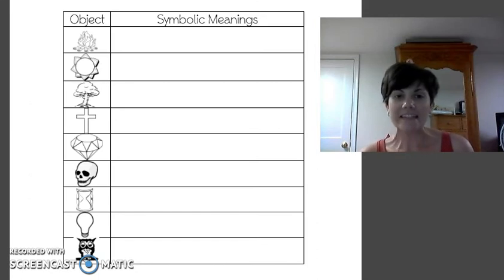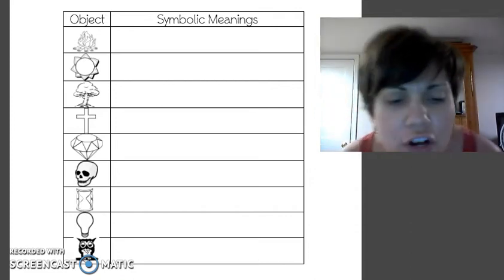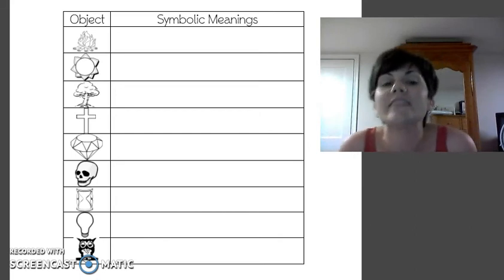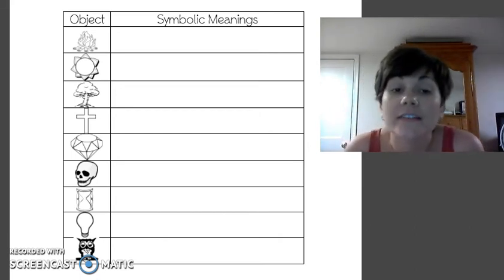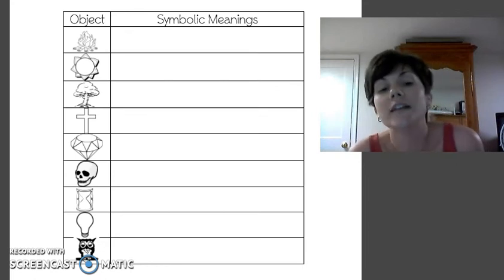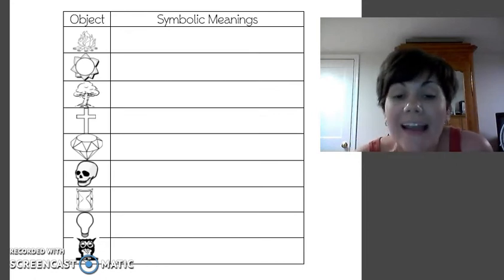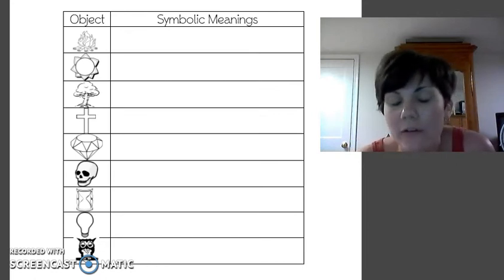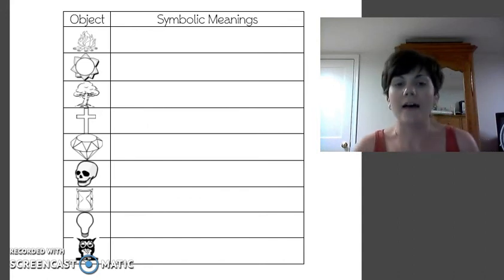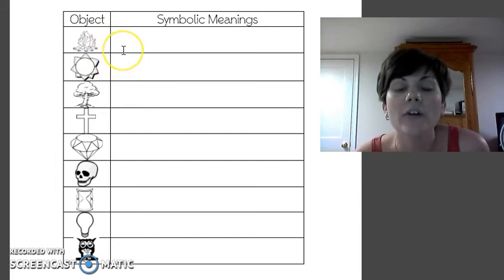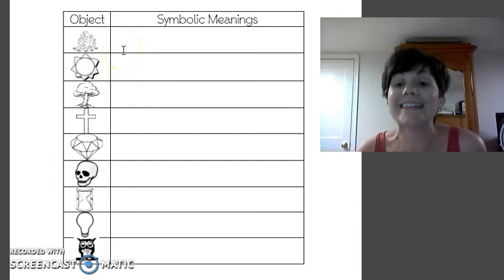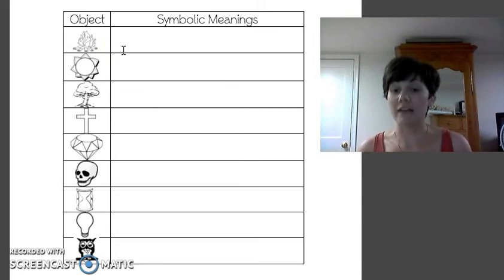So now that we have an idea of what a symbol is and what symbolism is, we want to look at some examples of symbolism. Here on your chart, we have a series of symbols: fire, the sun, a tree, a cross, a diamond, a skull, an hourglass, a light bulb, and an owl. In the spaces underneath symbolic meaning, I want you to write what these symbols could symbolize, or what they mean.